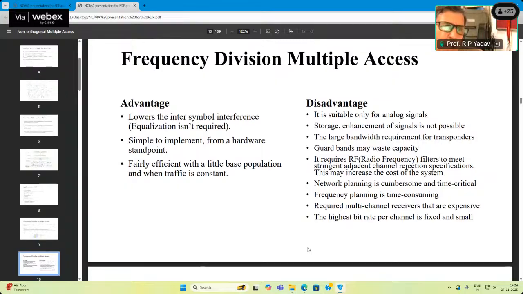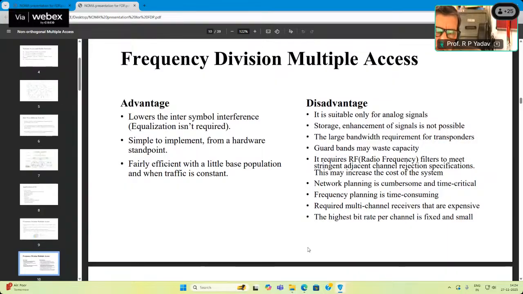That was the analog part, where you had some filters, and those filters could separate a particular frequency, and a particular application could be linked with a particular transponder. So that served over time, but obviously it also has some disadvantages. It is suitable only for analog signals. Storage and enhancement of the signal is not possible. There is a large bandwidth requirement for transponders. Guard bands may obviously waste some capacity.